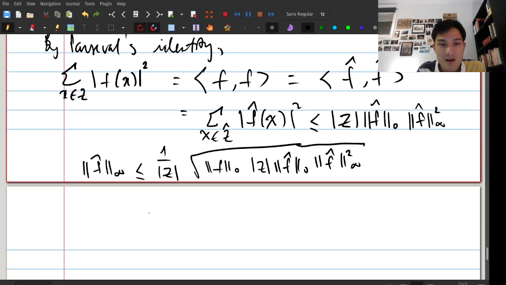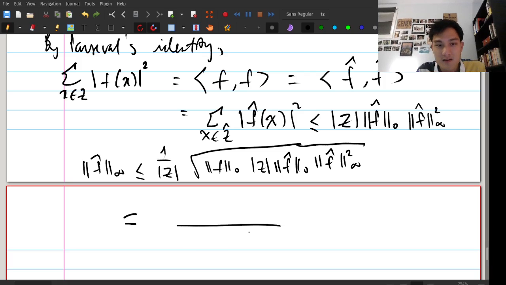Now this is equal to the z. This is an actual z in the denominator, and there's a square root on top. So there's a square root of z at the bottom, and then there's a square root of f and f hat.